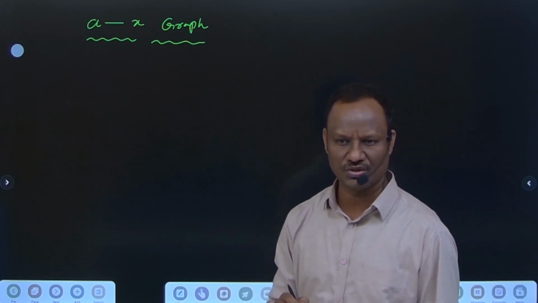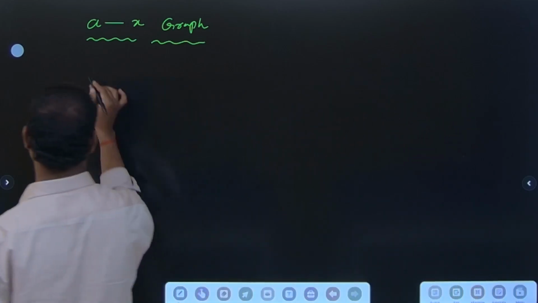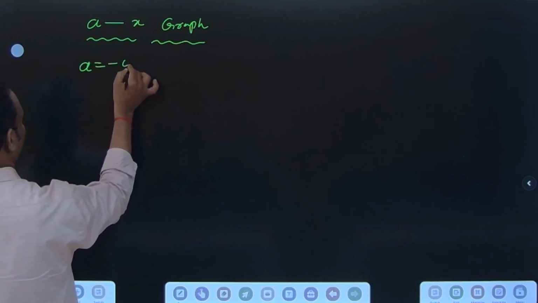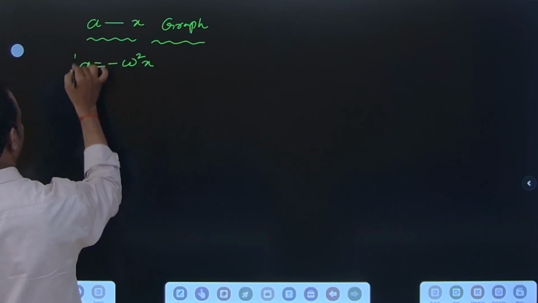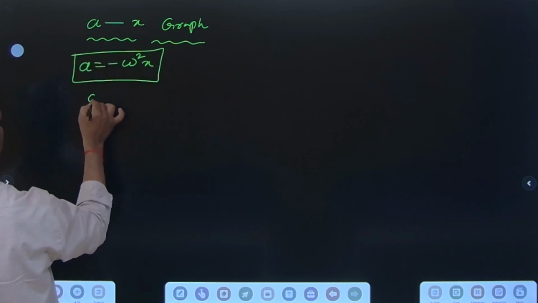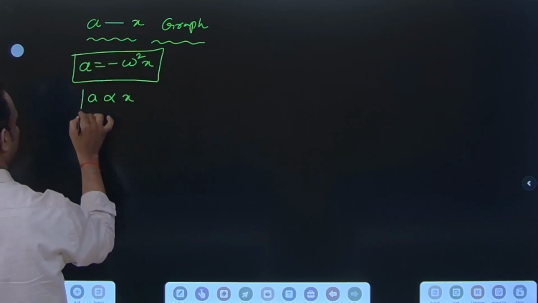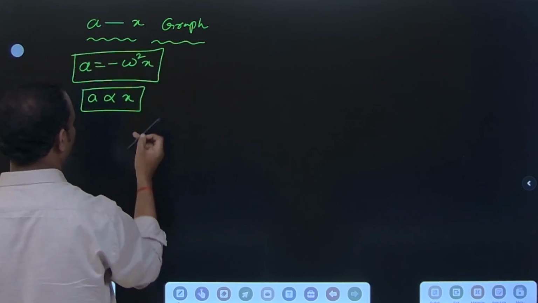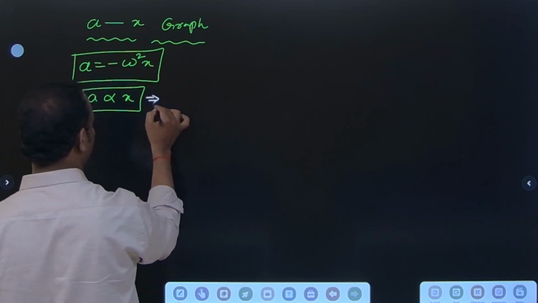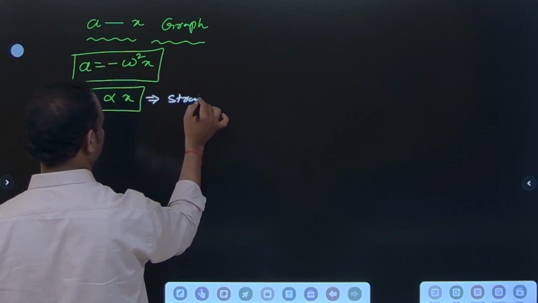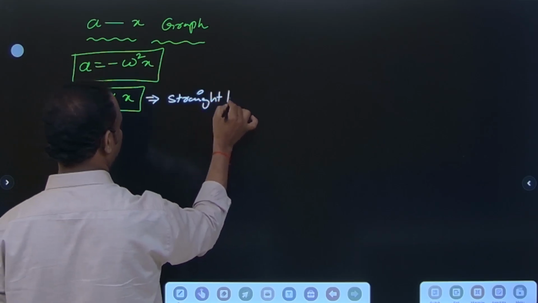A is equal to minus omega square x. A is proportional to what? X. Correct? The graph should be a straight line.